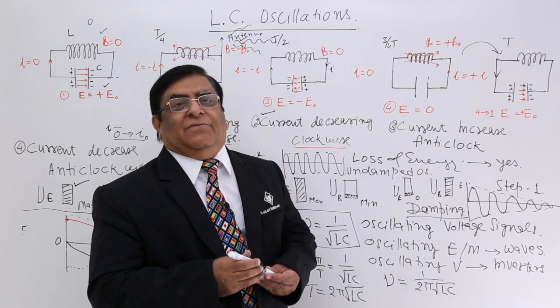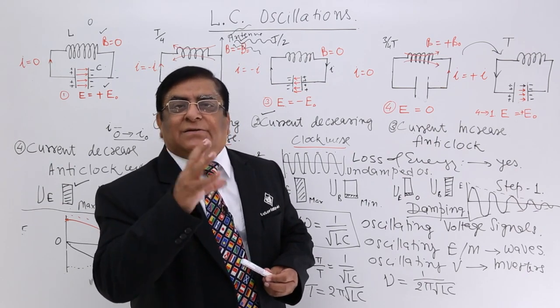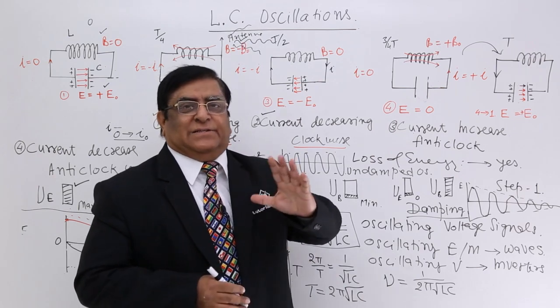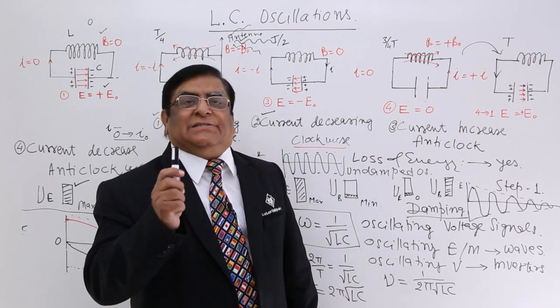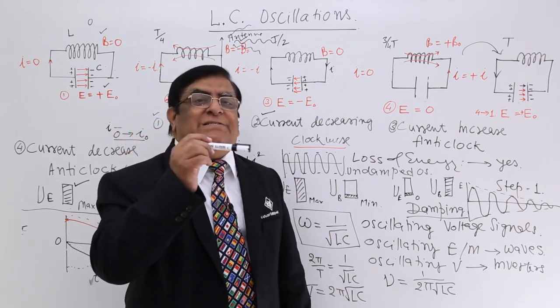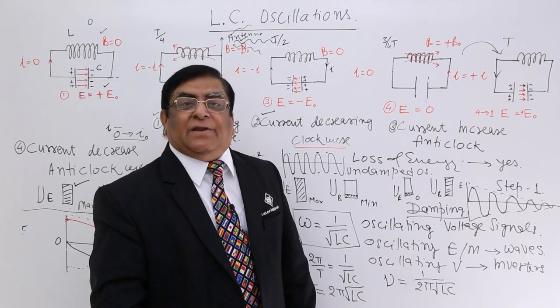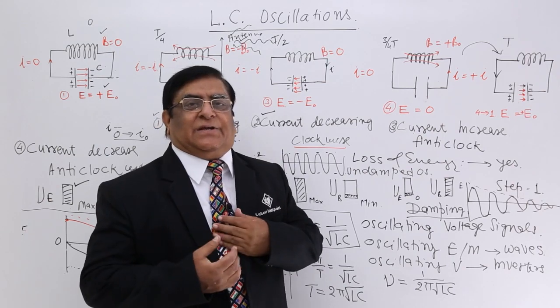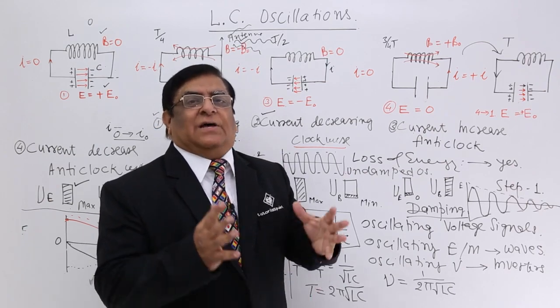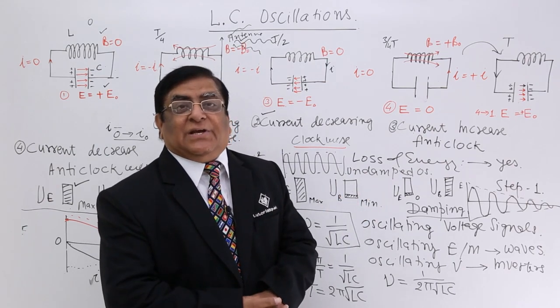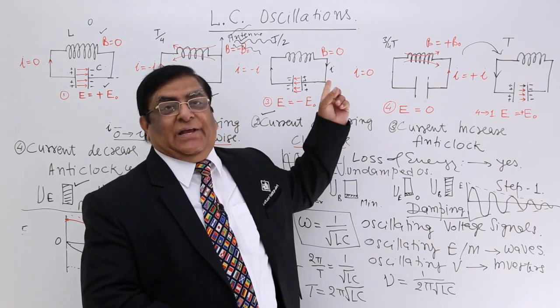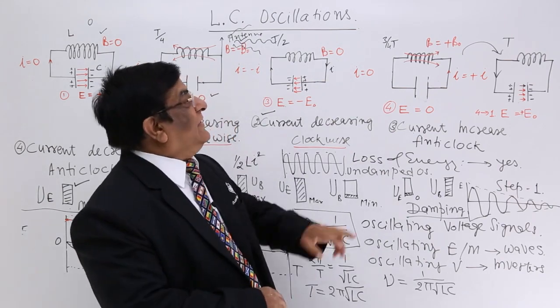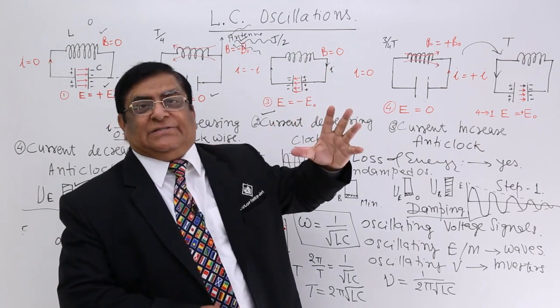So if we want to continue this, we have to give it energy, and that energy we give with the help of a transistor, so that there are certain parameters. The energy is given only when it is in the same direction. That is, very much synchronization is required. So for that we need a special circuit, and we will study that circuit as a transistor to be used as an oscillator. In that we fit the same two things with a transistor.